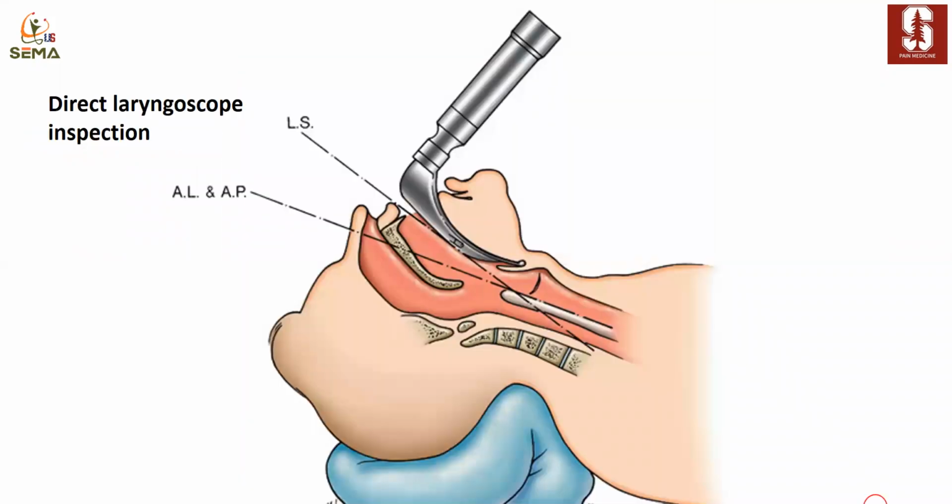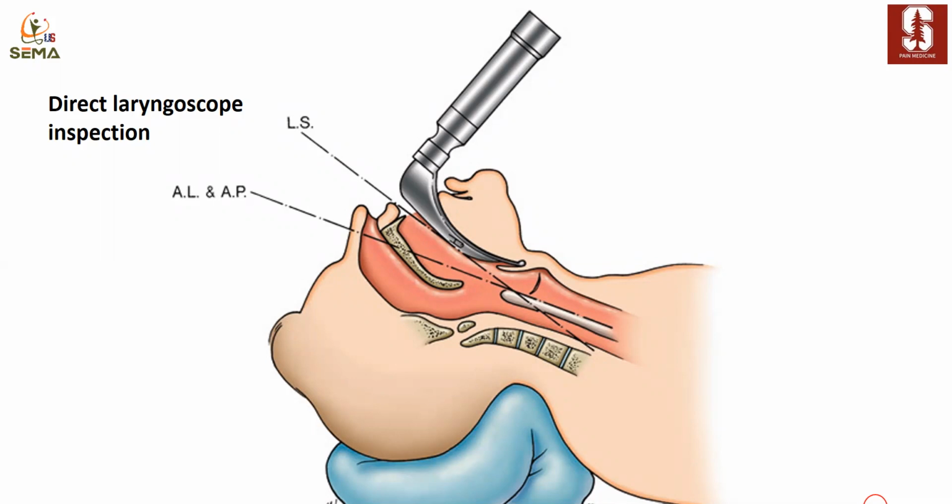Then here I want to tell you, when we say difficult intubation, what do we mean by difficult intubation? Most references define difficult intubation as grade 3 or 4, and I'm going to explain that in detail now in the laryngoscopic view.